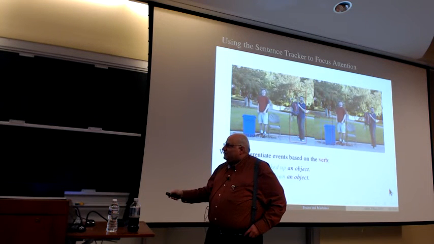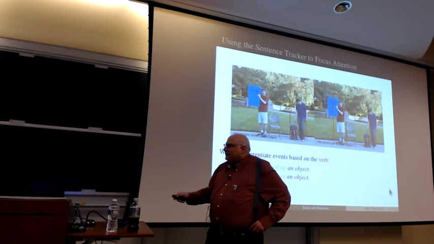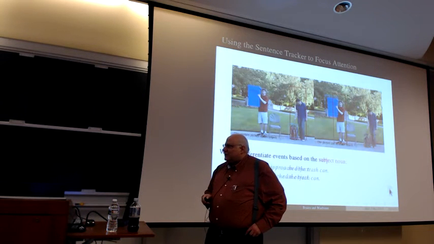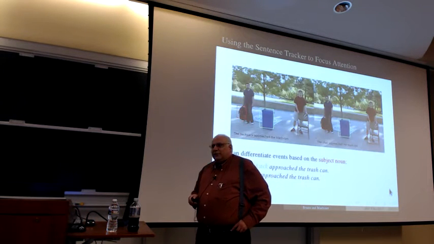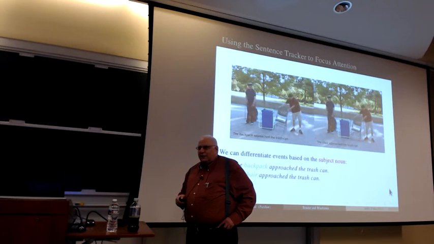Notice here, I haven't told it to track this person versus this person, or this object versus this object. It figures that out by the roles that they play in this sentential description. And I can then vary that for all words in the lexicon and for all sentential positions.